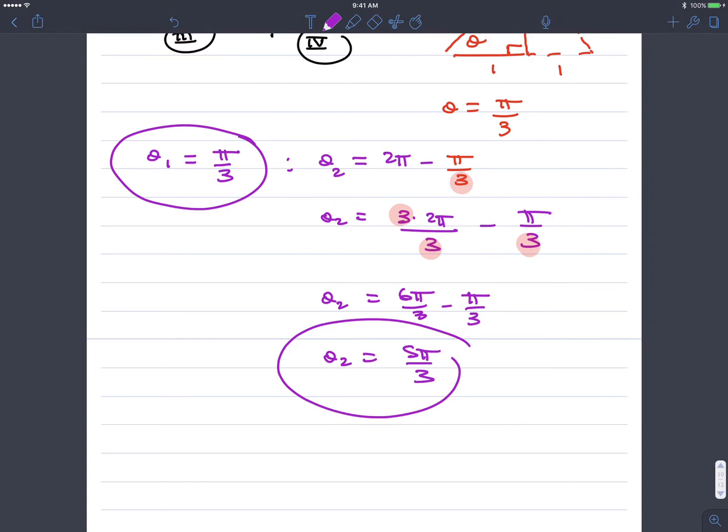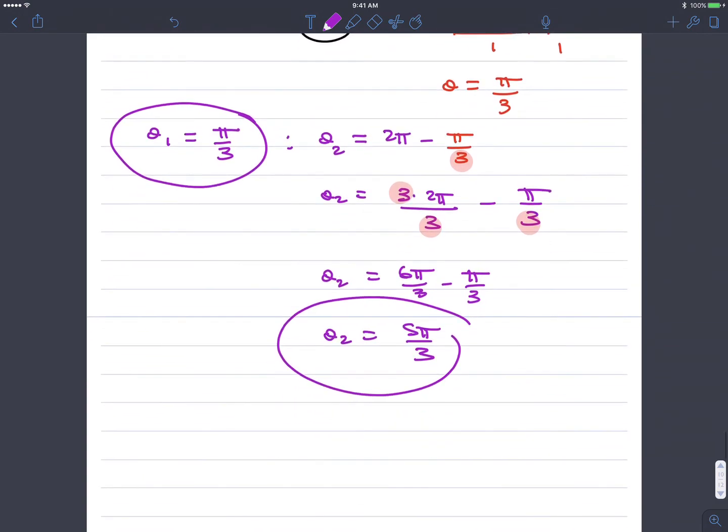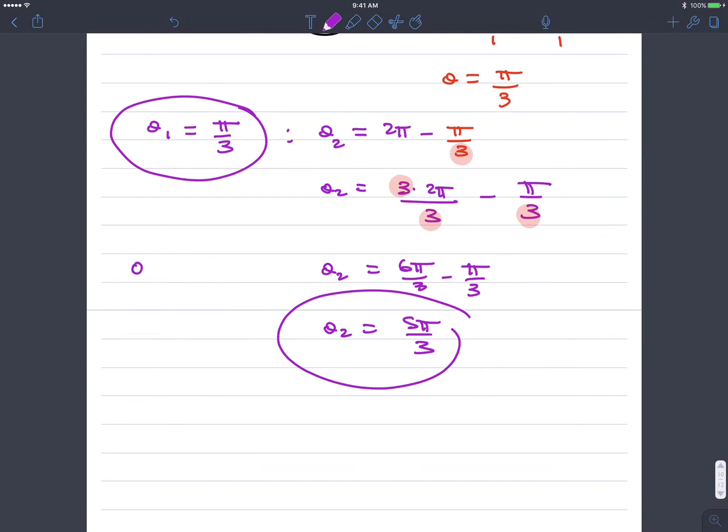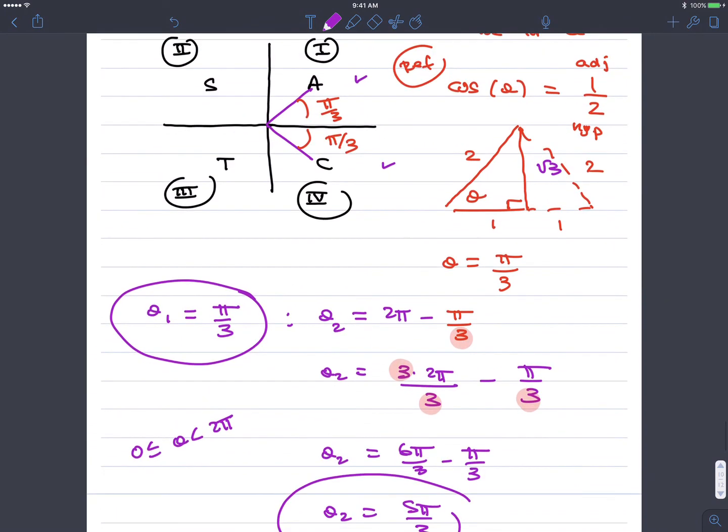And what should we say about these particular solutions? These are all solutions that are where? Between 0 and what? 2 pi. Okay, they're solutions in this picture. So let me go back and erase the reference. Let's label pi over 3.